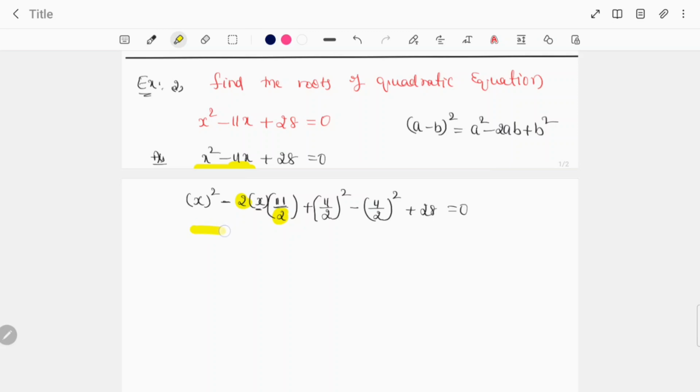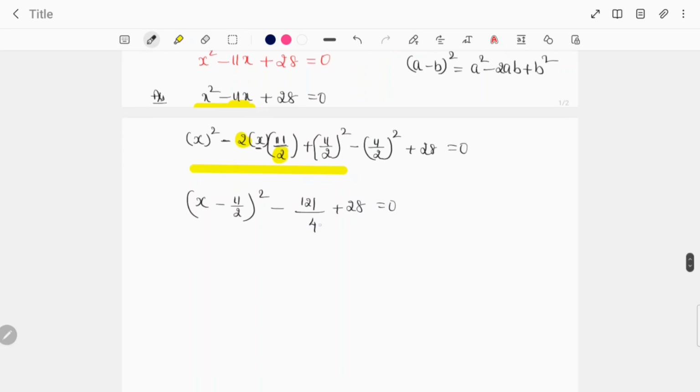Now this is a minus b whole square formula, where b is 11 by 2: x minus 11 by 2 whole square, minus 11 square is 121, 2 square is 4, plus 28 equal to 0. Now we can simplify these two terms: x minus 11 by 2 whole square minus 121 plus 4 eights are 32, 4 twos are 8, taking the LCM.